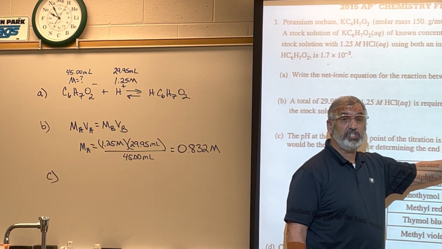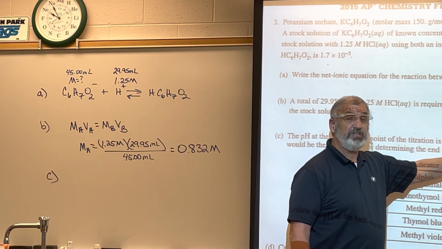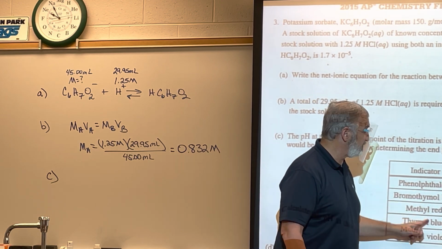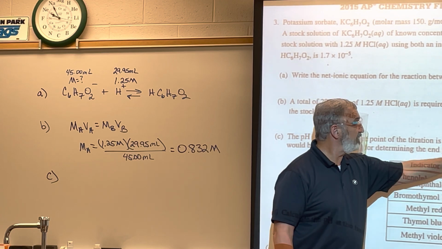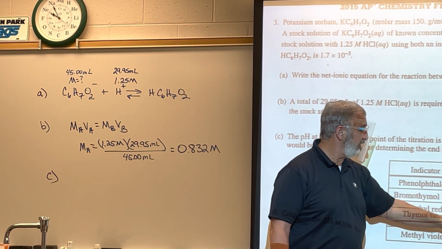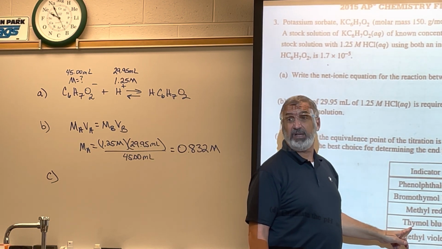You want it to change colors at the pH around the equivalence point. You can determine that by taking the pKa of each of these, they are weak acids, so they all have Ka, so these are the pKa. We want to find the one that's closest to 2.54. Well, the one that's closest to 2.54 is thymol blue.